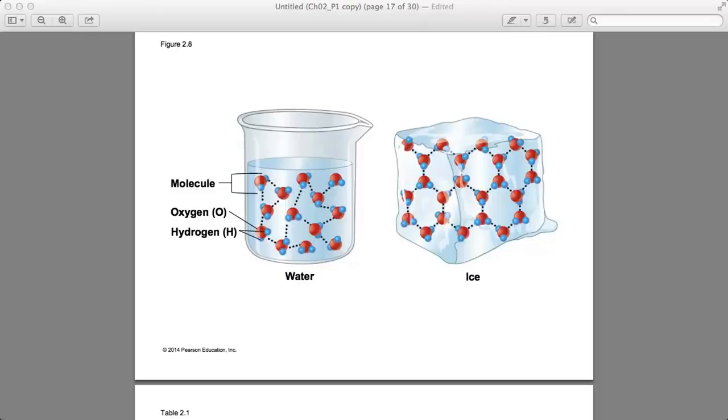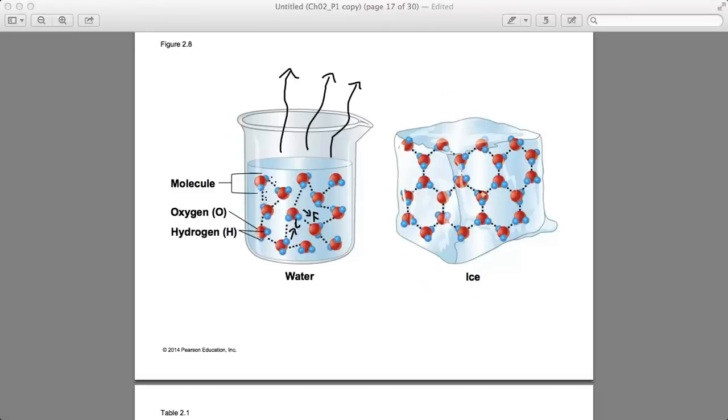These hydrogen bonds, and particularly in the case of water, are very important. So here in the dotted lines are those hydrogen bonds. And that gives water a lot of its physical and chemical properties. It's one of the reasons why water is found as a liquid at room temperature, because the attractive forces of these hydrogen bonds keep these water molecules from being lost and drifting away in the form of gas, right?